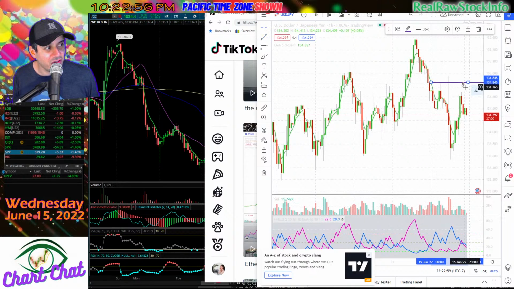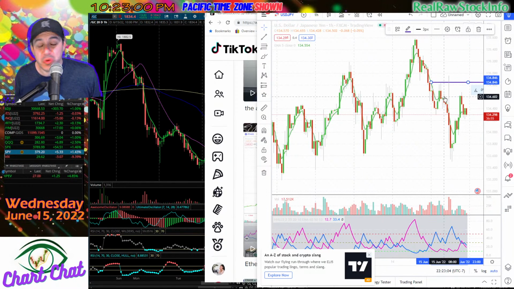It's too strong of a candle for it to breach.